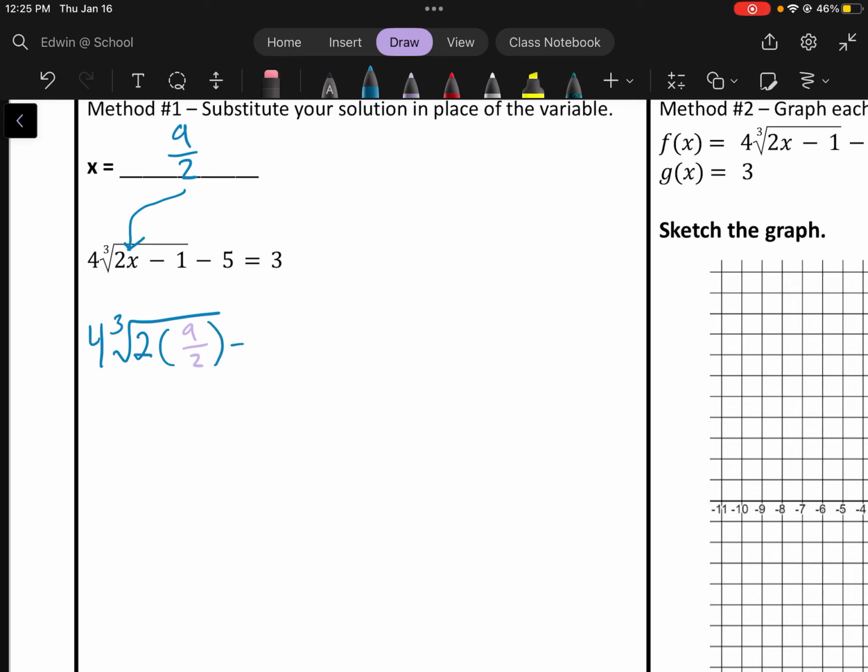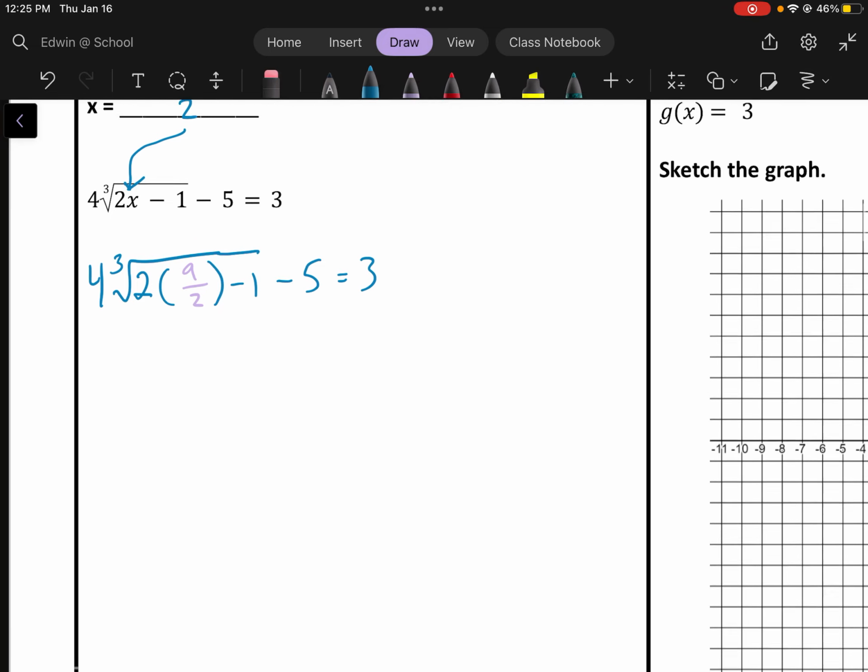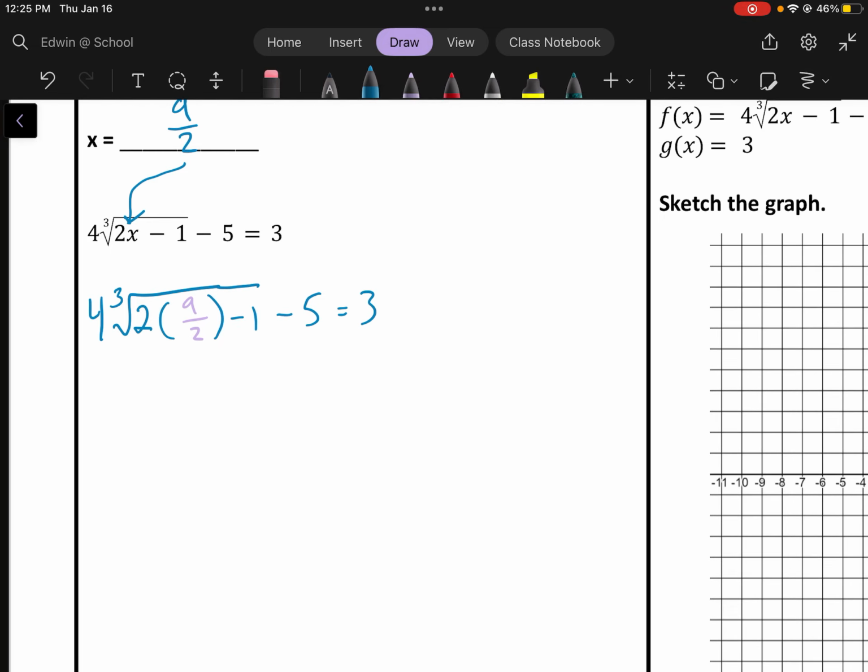Parentheses, 9 divided by 2. The reason this is going to check our solution is we're going to see if there is equality. If that indeed is the answer, then we should see that the equation is satisfied. So all we're going to do is work out all this arithmetic. I see this little thing, 2 times 9/2, so the 2s cancel out.